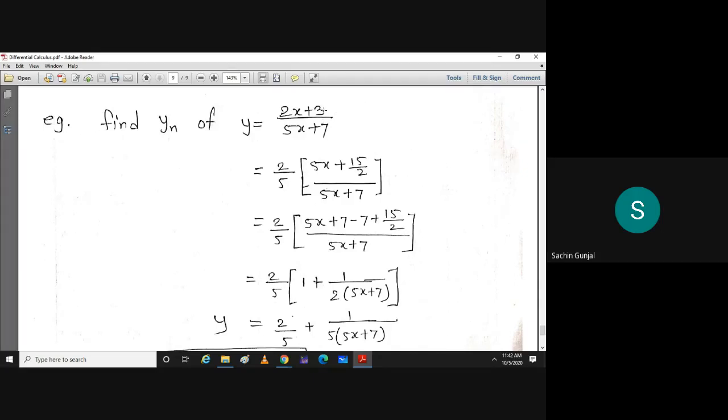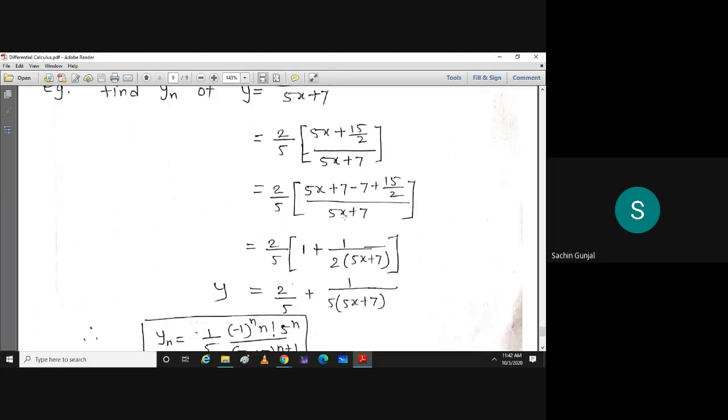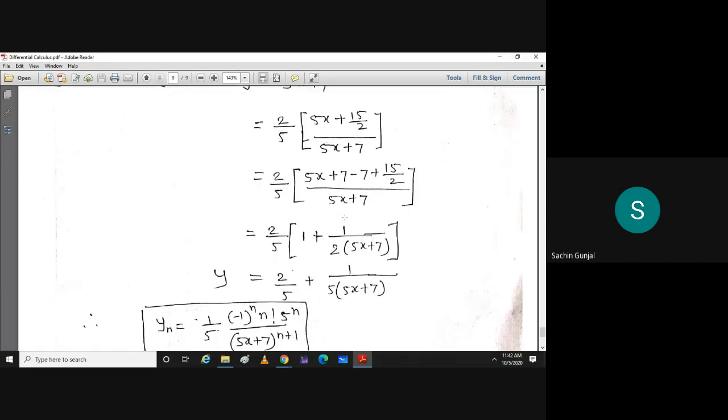If you take 2 by 5 out, and then this 5x plus 7, then plus 7 minus 7, add and subtract 7. Then you divide 5x plus 7 separately to each term.